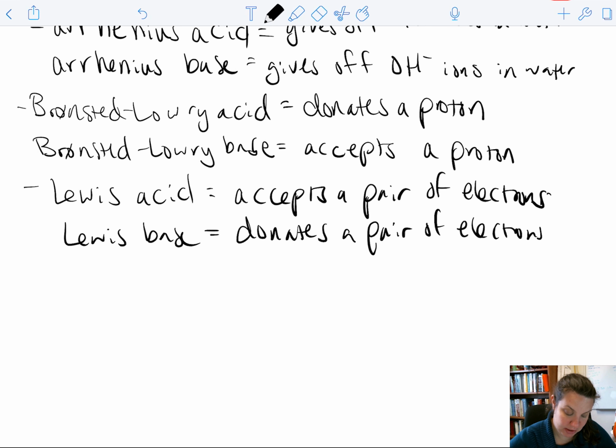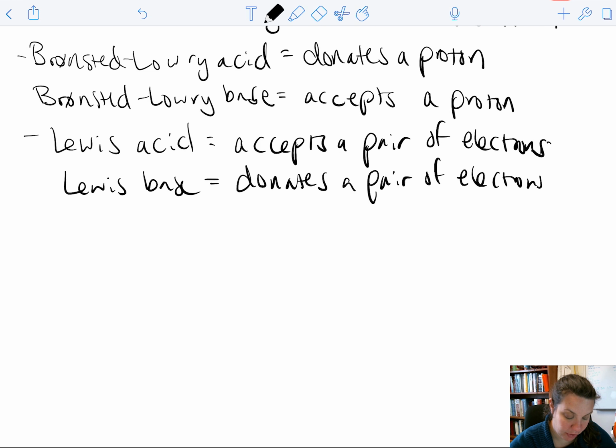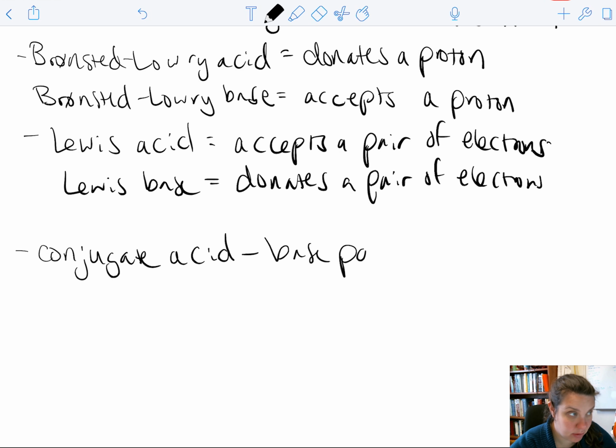Okay. So, like I said, we'll go much more in detail about all three of those types, but now let's look at what's called a conjugate acid-base pair. So this is when we have species that differ only by the presence or absence of a proton.